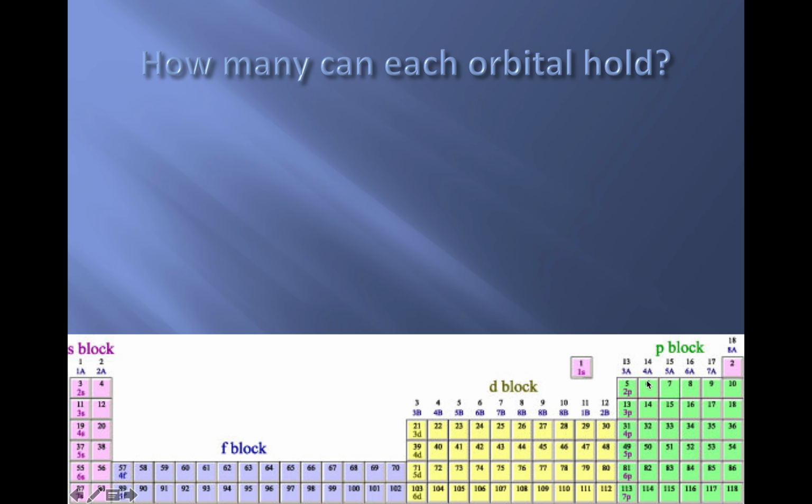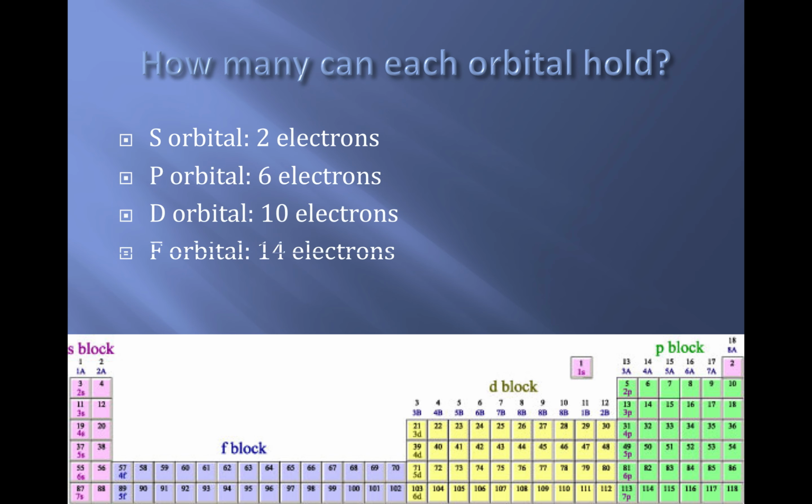The P block is 6 elements wide. The D block is 10 elements wide. And the F block is 14 elements wide, which is exactly how many electrons will fit in each of those orbitals.